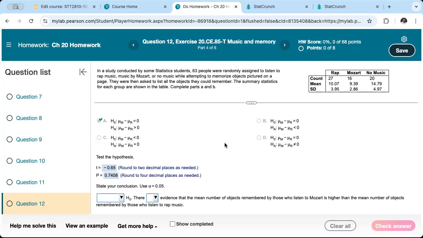So to state the conclusion, is this p-value smaller or larger compared to alpha of 0.05? You can see the p-value here is larger. And if the p-value is larger, we fail to reject. So we do not reject, and we say that there is insufficient evidence.